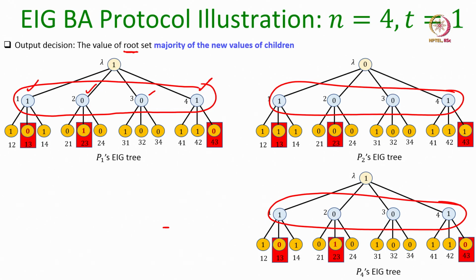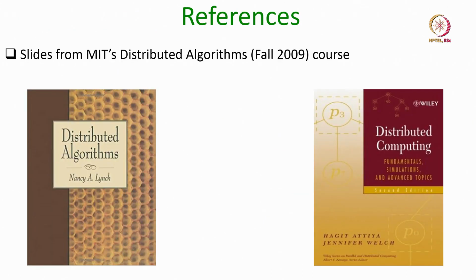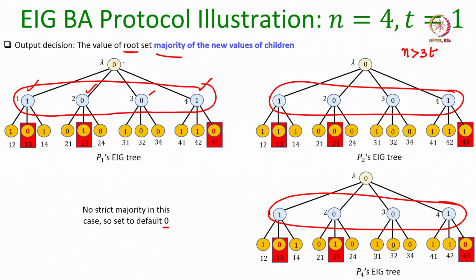You might be wondering that this might be happening just for this example, but later on we are going to prove that it is going to happen in general for any execution of the EIG protocol, provided your n is greater than 3t and you are using this majority rule. So, every party will now output the value 0, which ensures that the consistency property is satisfied.